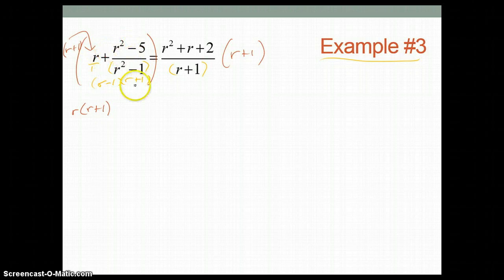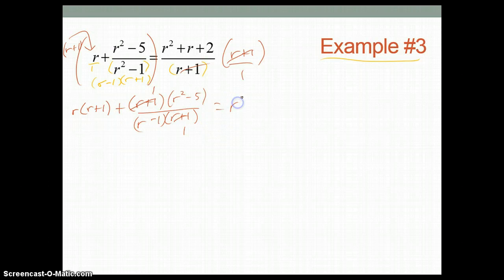And then it's plus r plus 1 times r squared minus 5. That's on top. And then on the bottom, it's r minus 1 times r plus 1. So naturally, these two can cancel out. And on my right side, the entire reason why we multiplied by r plus 1 was to get rid of this fraction. So on our right side, I am just left with this top.